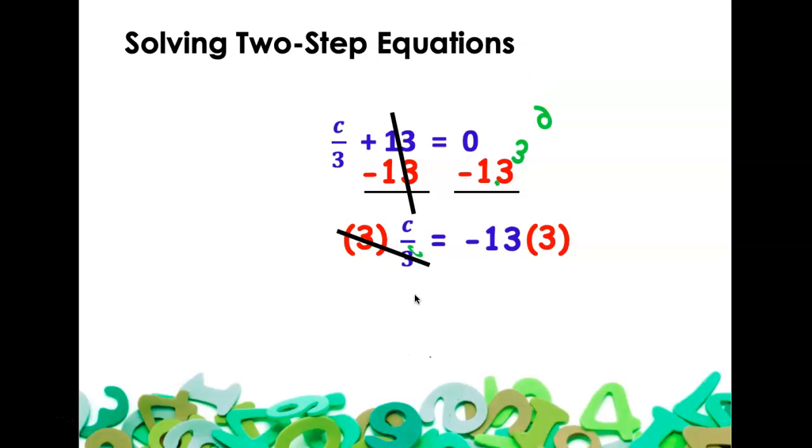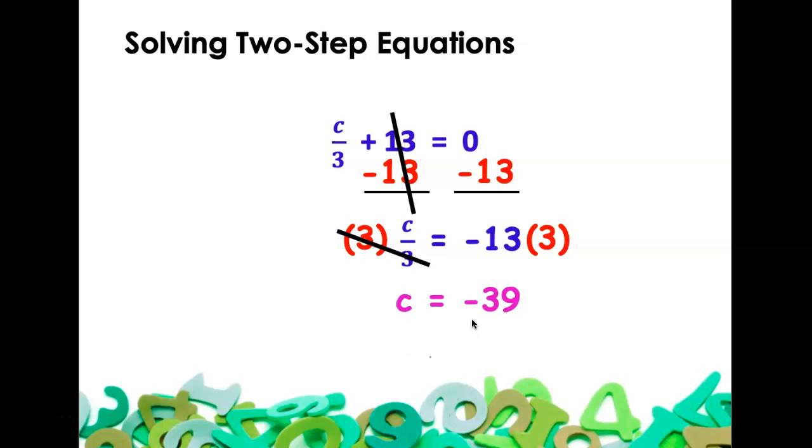And then again, like I told you before, you don't have to write the coefficient 1 beside C. Okay, and at the other side, the right side, negative 13 multiplied by 3 is negative 39. So C, the variable C, is equal to negative 39.